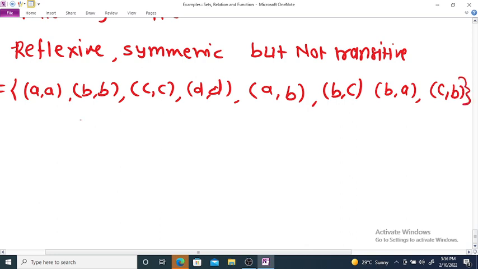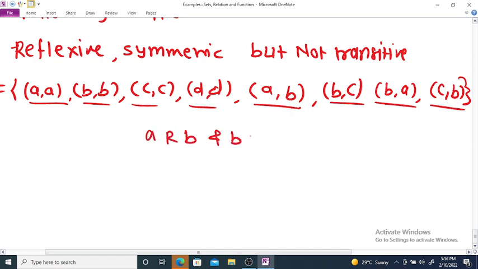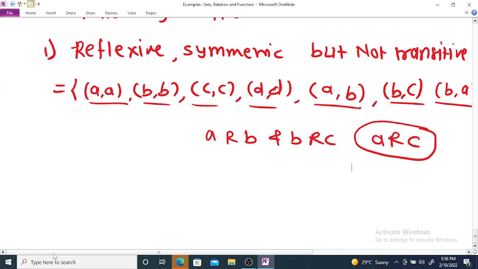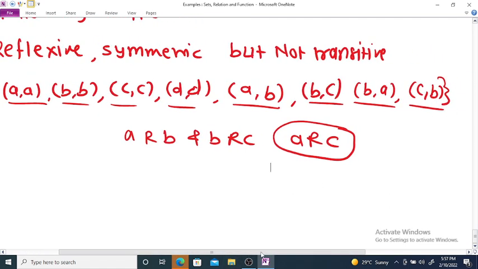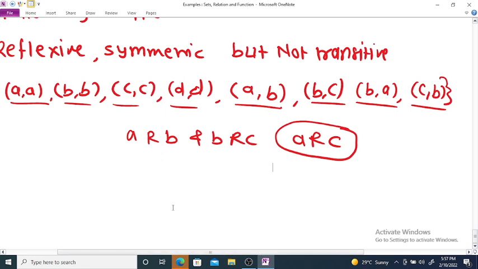Now you can check here, it is reflexive because every element is related to itself. It is symmetric as well. AB, then BA is also there, BC, CB is there, but A related to B and B related to C, but there is no pair A related to C present in the given set R, and therefore the given relation is reflexive, symmetric but not transitive. So this is the example of reflexive, symmetric but not transitive.